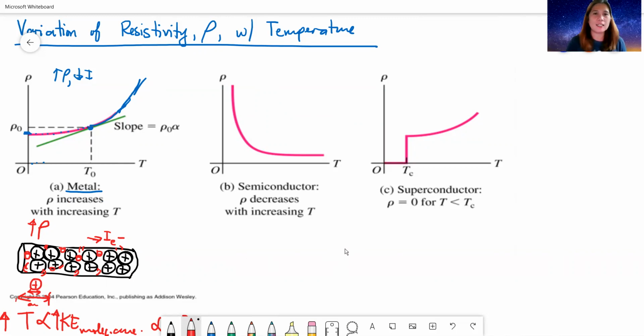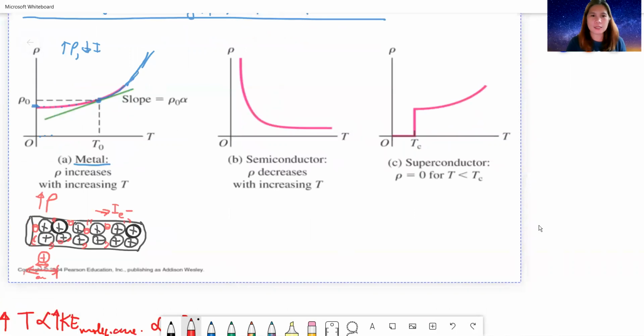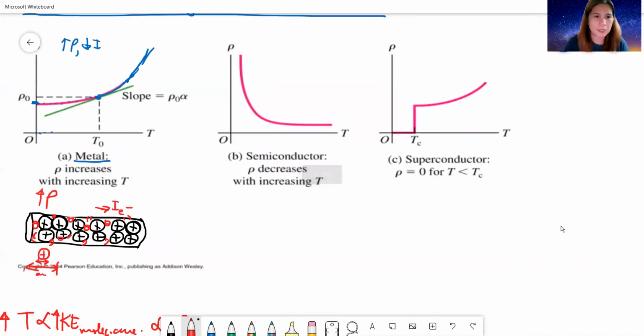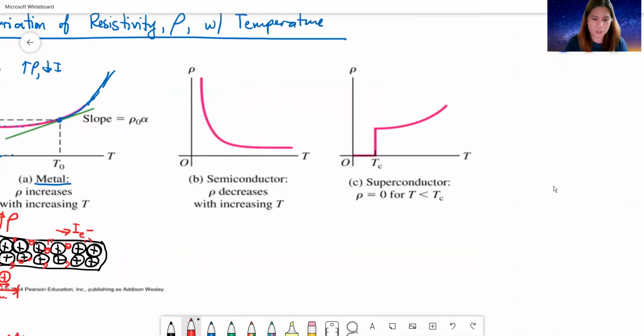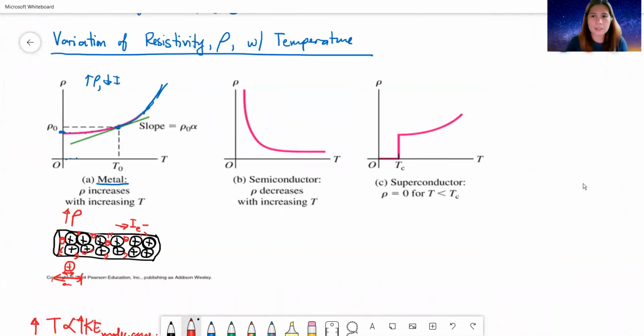Okay, now let's go to this one, the semiconductors. An example of a semiconductor is silicon. You will learn more about this when you go to your higher physics, when you study about diodes, etc. But this is the basic of semiconductors.